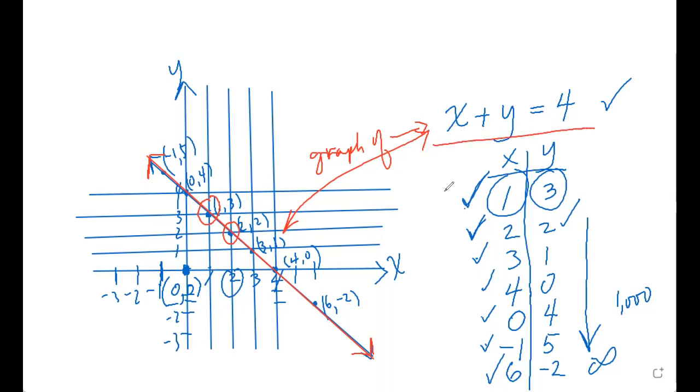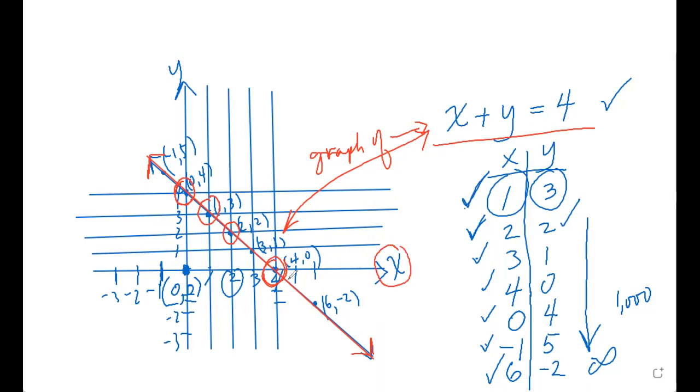Now, there are 2 points here that are very special: this point (4, 0) and (0, 4). Why are those two different from the others? Well, it's because (4, 0) is on the x-axis.